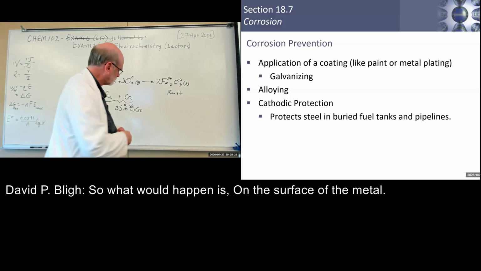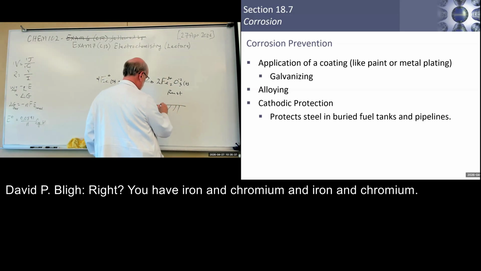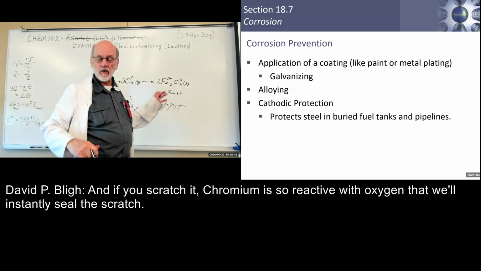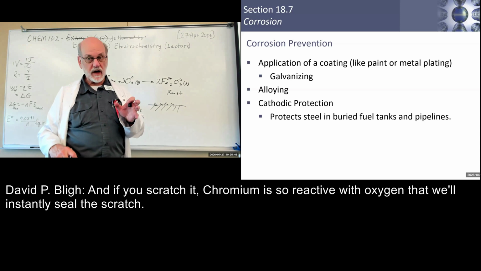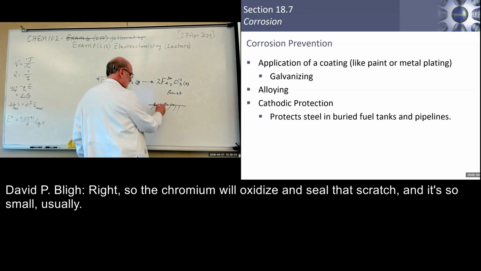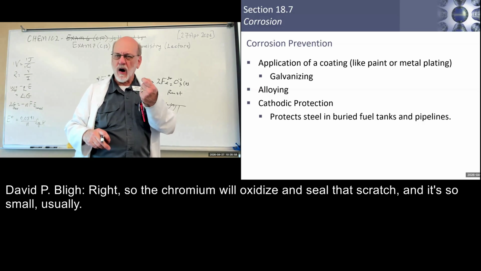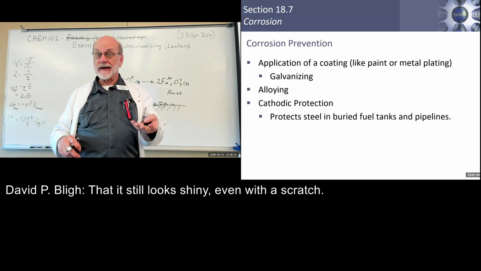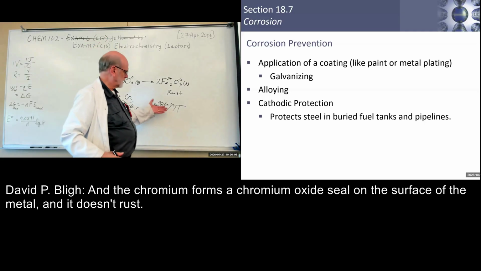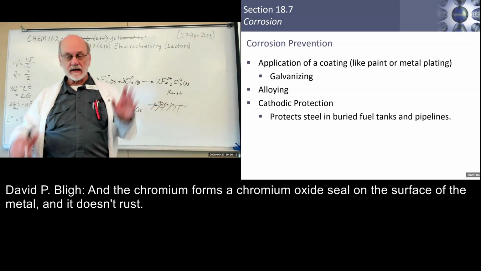So what would happen is, on the surface of the metal, right, you have iron and chromium and iron and chromium. And if you scratch it, chromium is so reactive with oxygen that it will instantly seal the scratch. Right? So the chromium will oxidize and seal that scratch, and it's so small, usually, that it still looks shiny, even with a scratch. And the chromium forms a chromium oxide seal on the surface of the metal, and it doesn't rust.